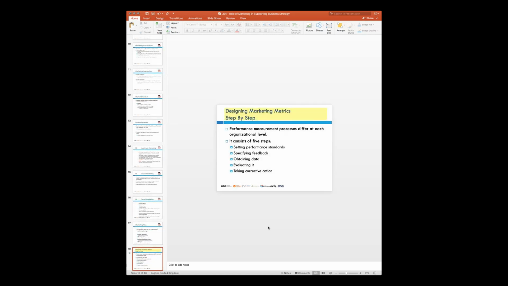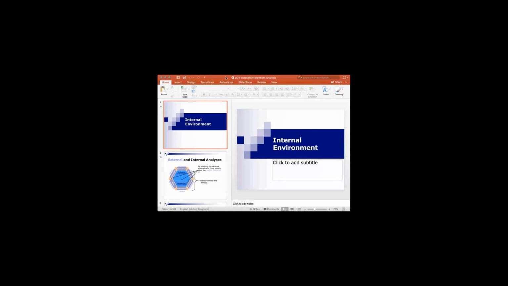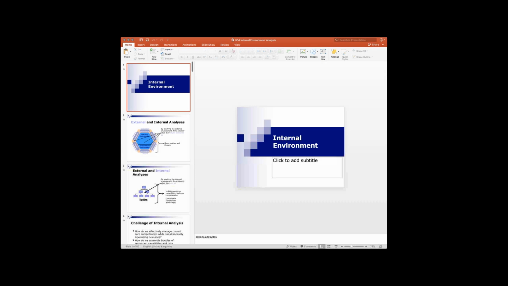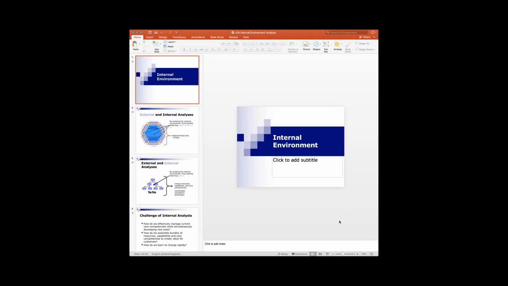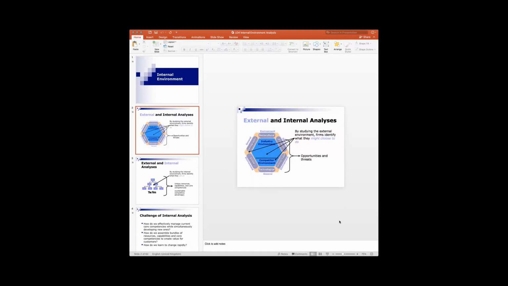The other thing that we will look at is another presentation which I've got, which covers some tools and techniques that we have to understand as far as the internal and external analysis of the market environment is concerned. It's quite a detailed presentation, but I'm going to run through a few slides here to refresh some of the things that we've covered in the past.